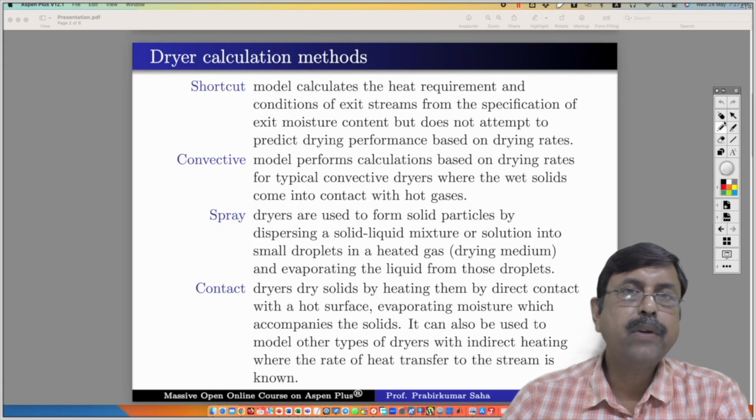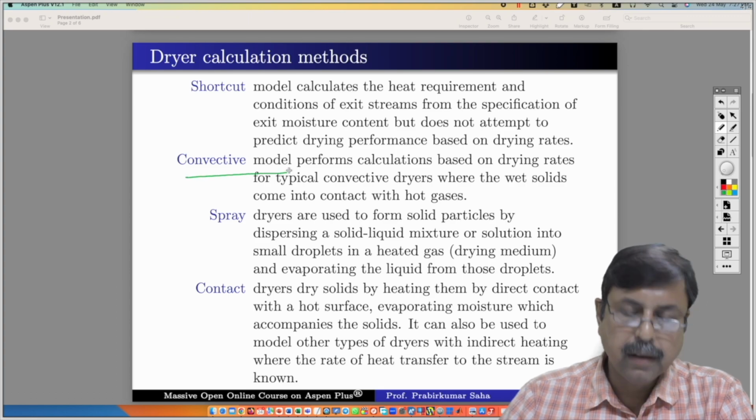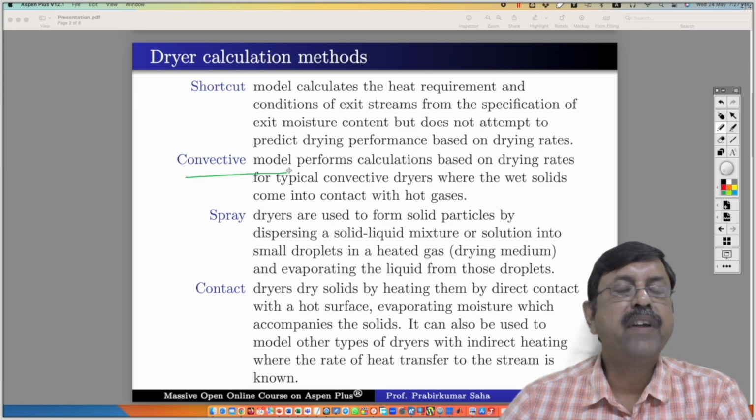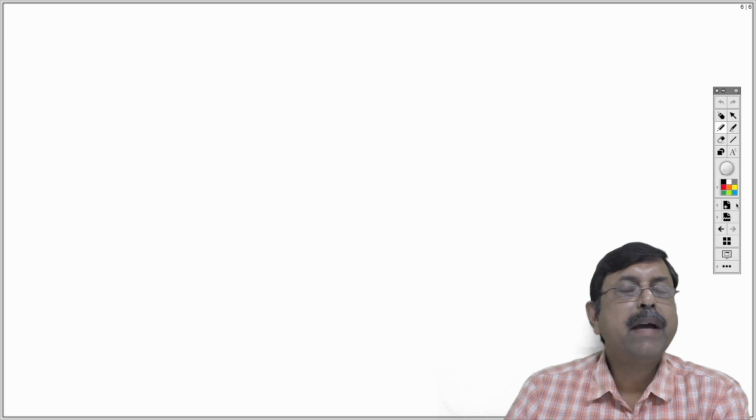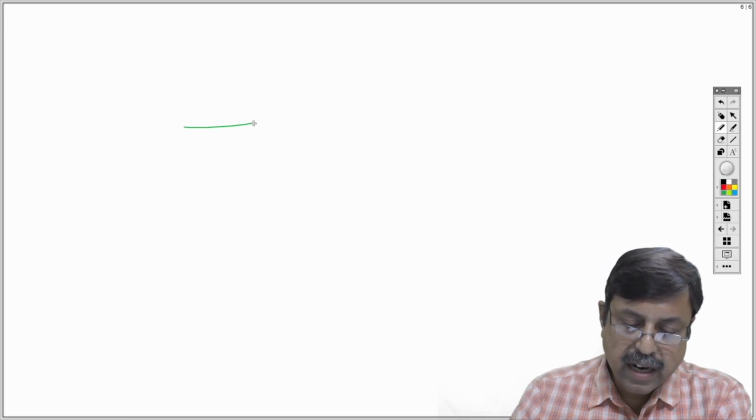The second calculation method is the convective model calculation. It is the model of a convective dryer. You might already know how a convective dryer works. A convective dryer looks like this.